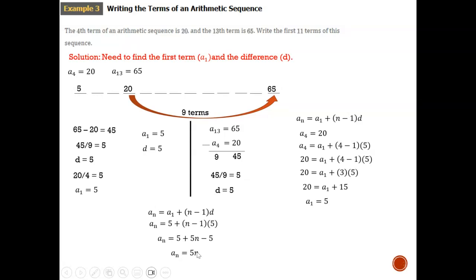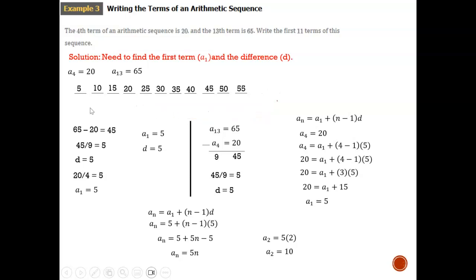To find the second term, we plug in 2, which would be 10. And you keep going. So it'll be 5, 10, 15, 20, 25, 30, 35, 40, 45, 50, 55. It says only 11 terms, so we stop there. Those are my first 11 terms.